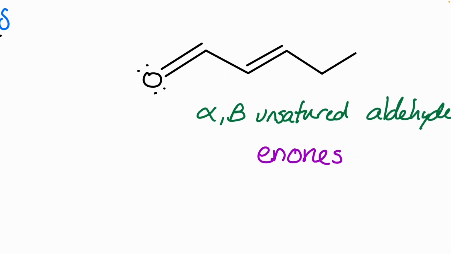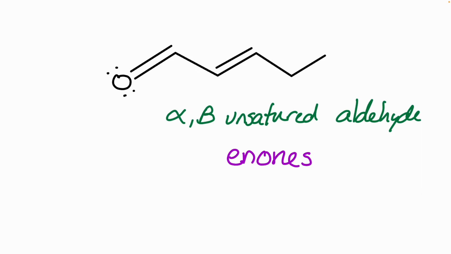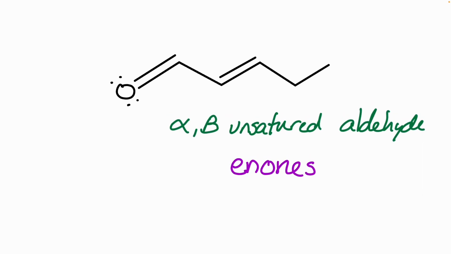All right, so now obviously our alpha beta unsaturated aldehyde, or our enone, also has that carbonyl carbon, right? So it also has that same polar bond and that same good pair of leaving group electrons, that pi bond.